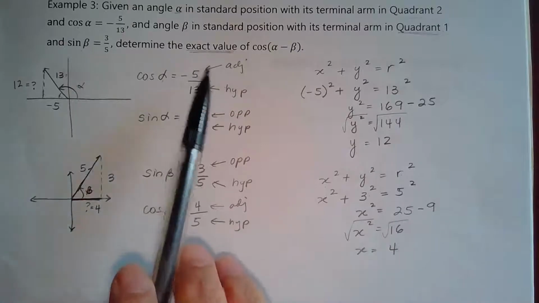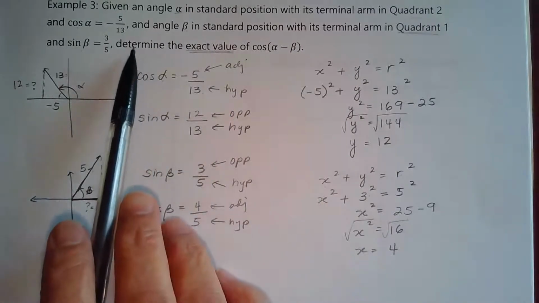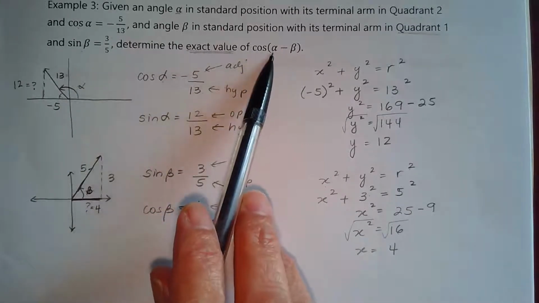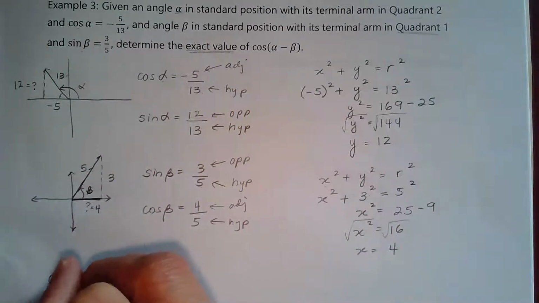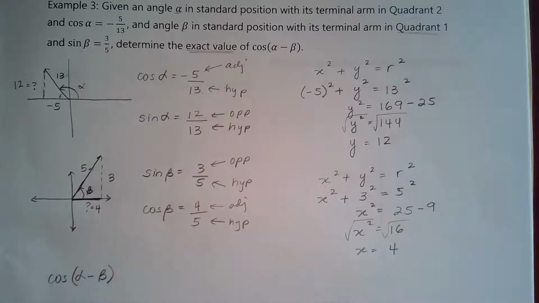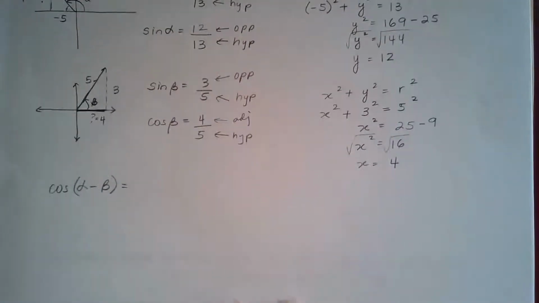Now that we have all of this information in front of us, we can determine the exact value of cos alpha minus beta. So when we go here, cos of alpha minus beta, well, that's a difference of angles. So what's the identity for that one? I'm just going to use my formula sheet here.